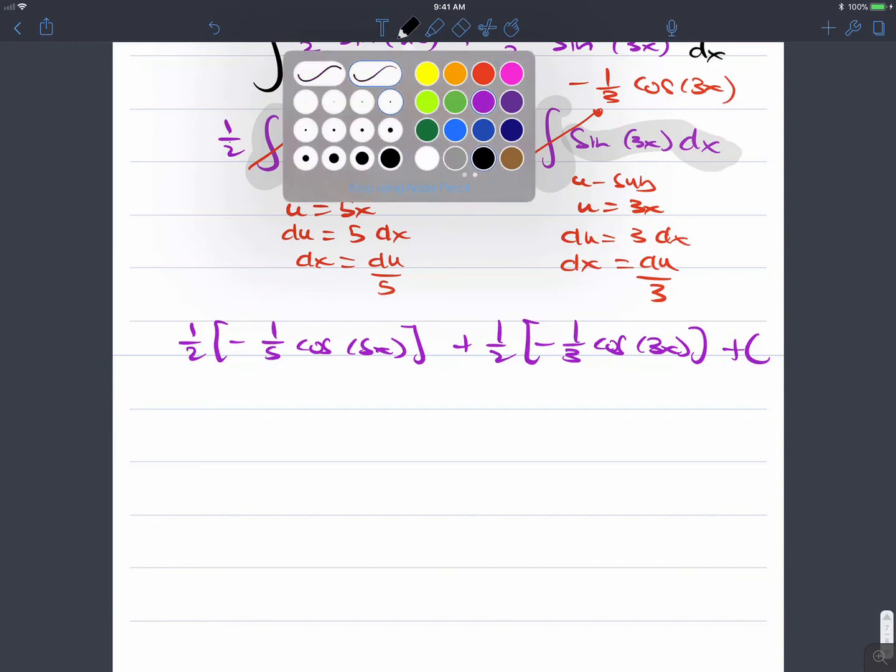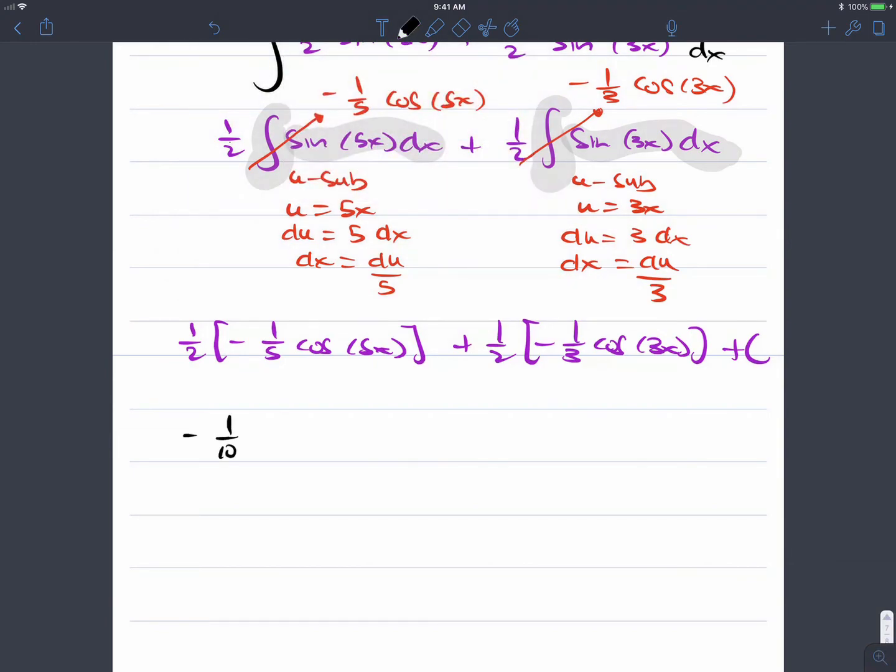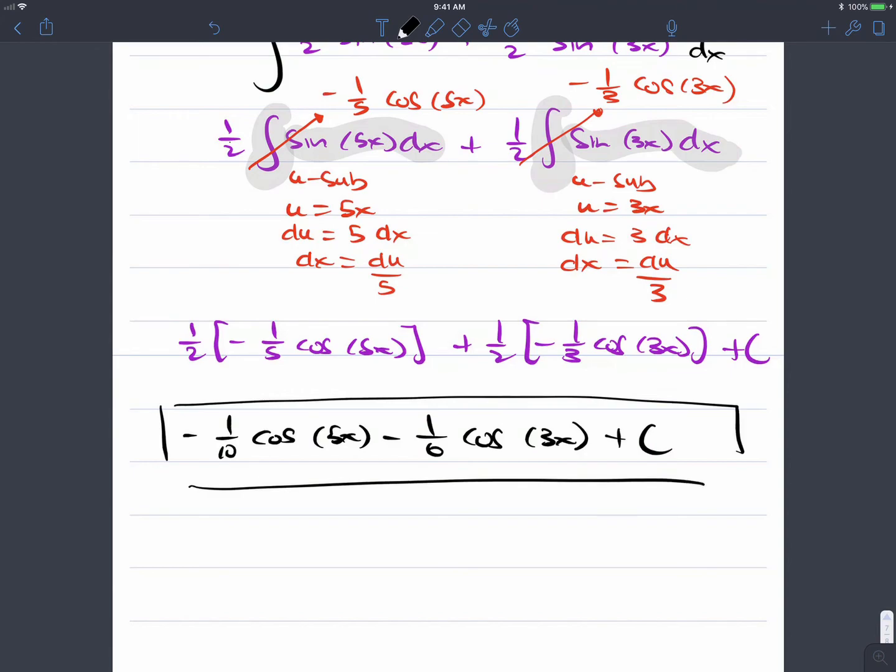Final answer. Negative 1/10 cosine 5x minus 1/6 cosine 3x plus c. You are done.